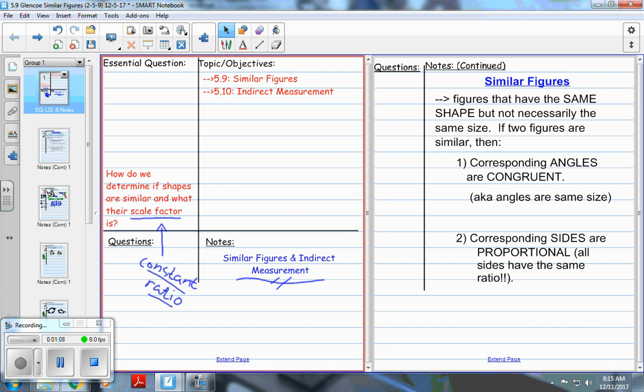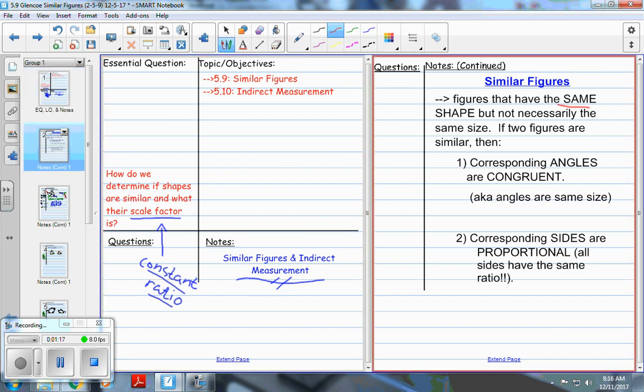Okay, so we're learning about similar figures and indirect measurement. What we're learning about similar figures is that if they have the same shape, but not necessarily the same size, there are a couple true things about them. The key here, though, is if they're not the same shape, nothing we're doing works.